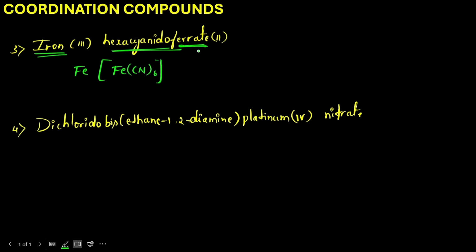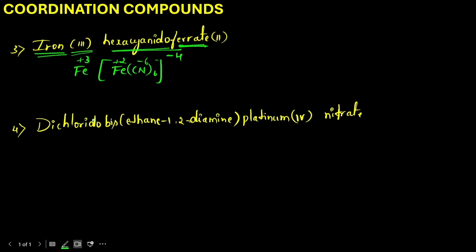Here the oxidation state of the iron in the complex is +2. Now we will find out the charge on the coordination sphere. Here we have CN ligands with -1 charge, -1 into 6 is -6. Here +2 minus 6 gives -4, but the charge of the simple iron cation is +3.